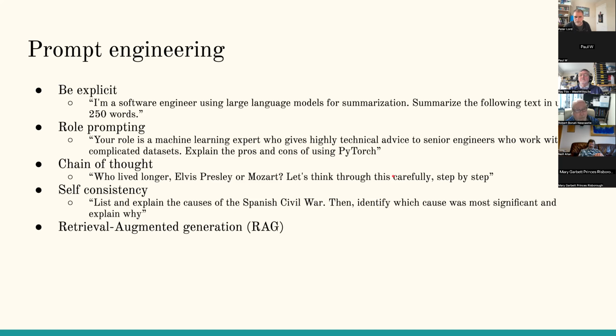Now here's an interesting one. We'll demonstrate this. Retrieval augmented generation. Now if you think that a generative AI has been trained on, let's say, data from Wikipedia, it's going to know everything that's in Wikipedia. But what you can do is add in additional data, additional sources of data.